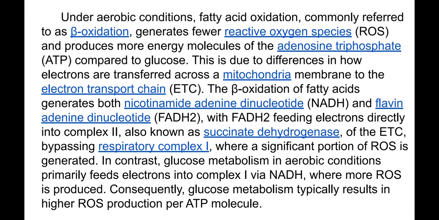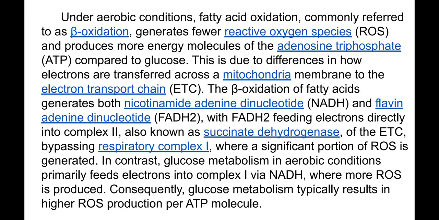Under aerobic conditions, fatty acid oxidation, commonly referred to as beta-oxidation, generates fewer reactive oxygen species and produces more energy molecules of adenosine triphosphate compared to glucose. This is due to differences in how electrons are transferred across the mitochondrial membrane to the electron transport chain in the mitochondria.